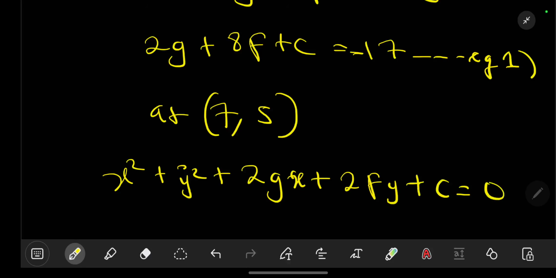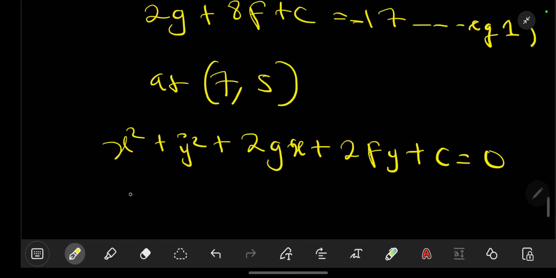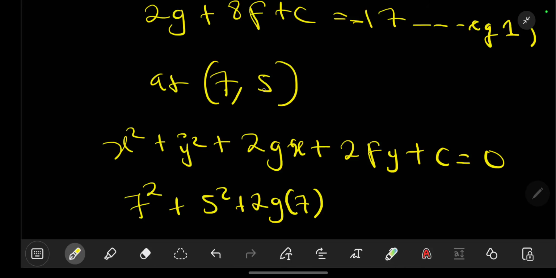So we replace: 7 squared plus 5 squared plus 2g, where there is x you put 7, so this is x, this is y, then plus 2f, where there is y you put 5, plus c equal to 0.